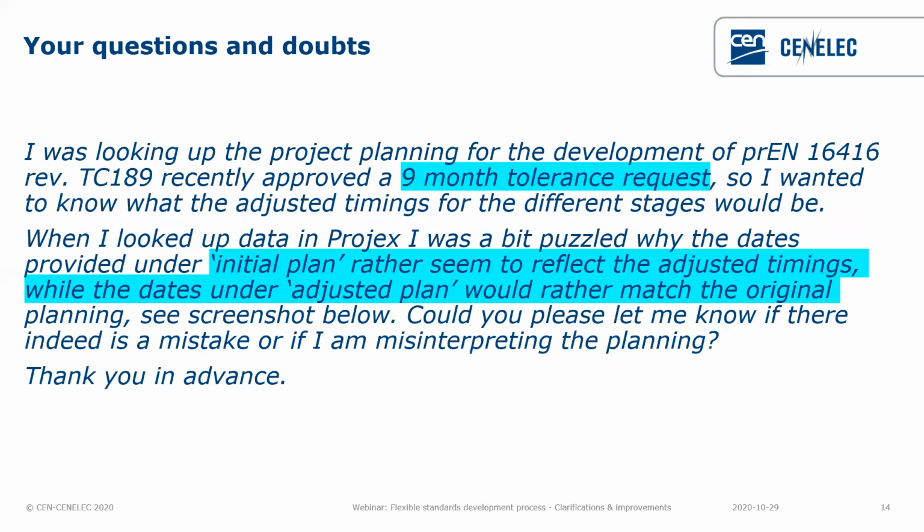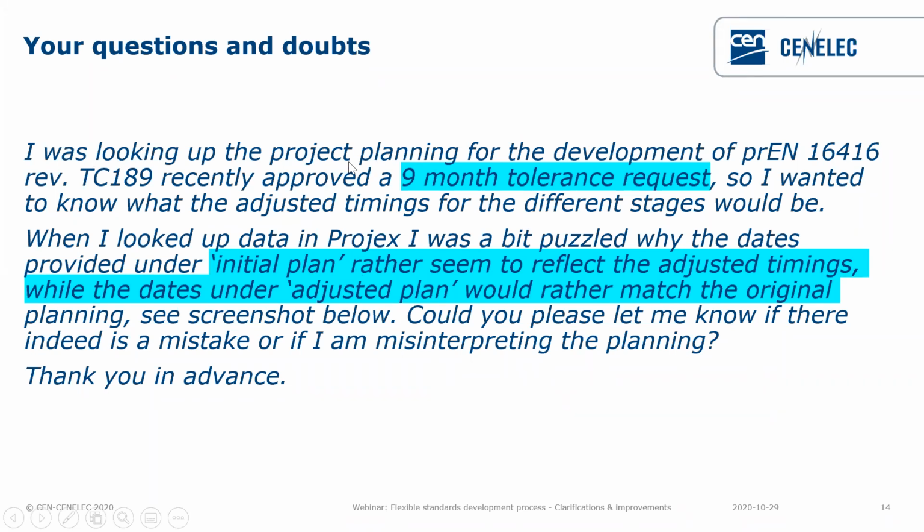Okay, I want to share with you an email that we have received. Actually, we received many emails, around 6-7 emails with this similar problem. So this is a copy and paste of an email from a TC secretary.